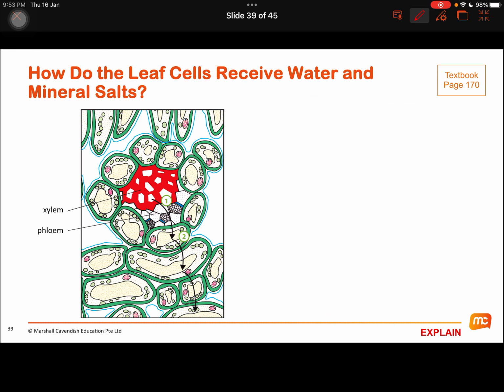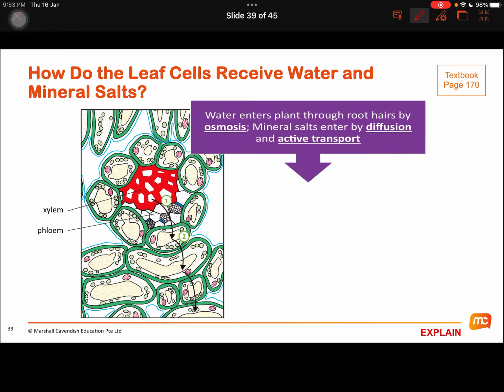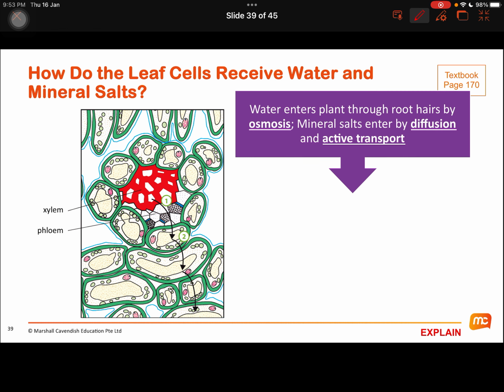Then how do leaf cells receive water and mineral salt? First thing first, water enters through the root hair by osmosis, whereas mineral salt enters by diffusion and active transport. Active transport occurs when there is a lower concentration of mineral salt in root hair cells as compared to surrounding.